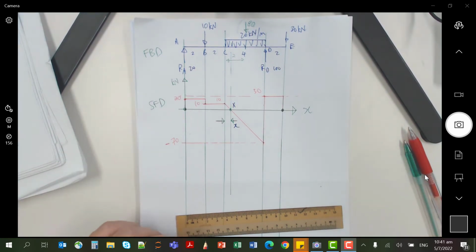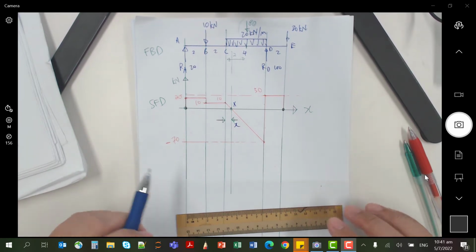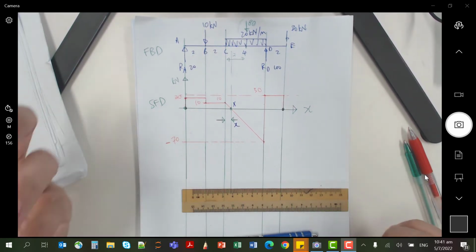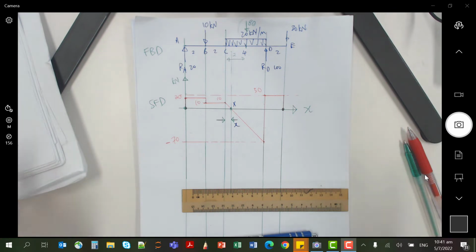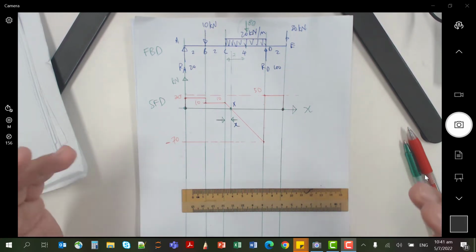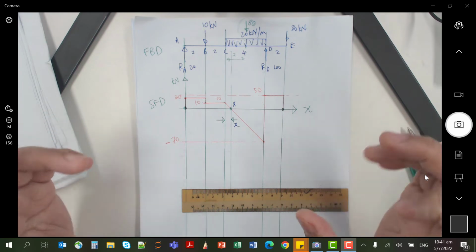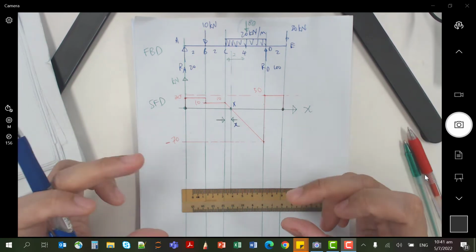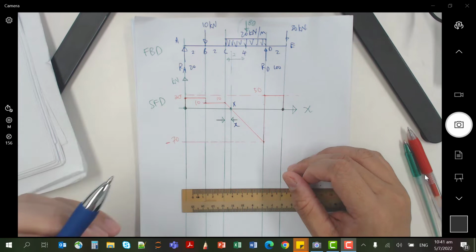How do you find this distance x here? Based on the online video, you're supposed to use similar triangles. It means you compare two triangles, which should be similar. Then you will be able to find how much this is.